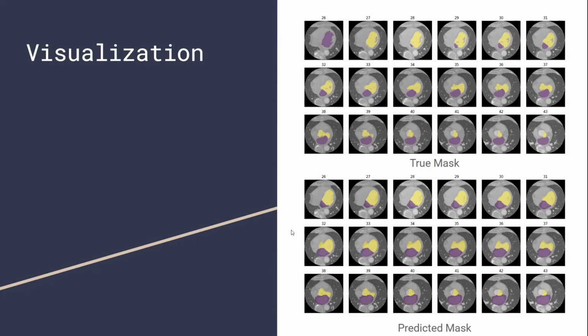Can you take your mouse and tell me what I should be comparing here? So the above is the true mask. Basically, we're taking slice 26 through 43, so like 18 slices, and we want to see the segmentation in each slice. So comparing up and down.